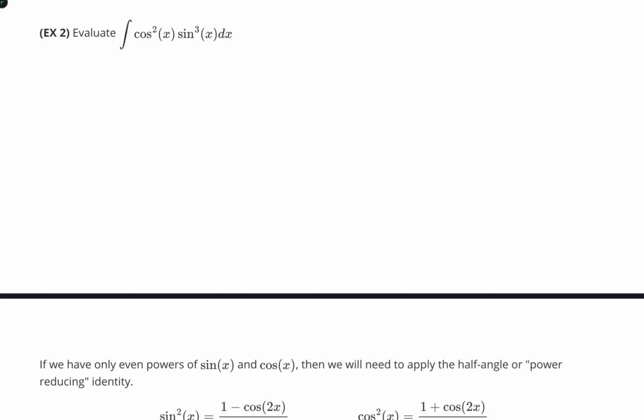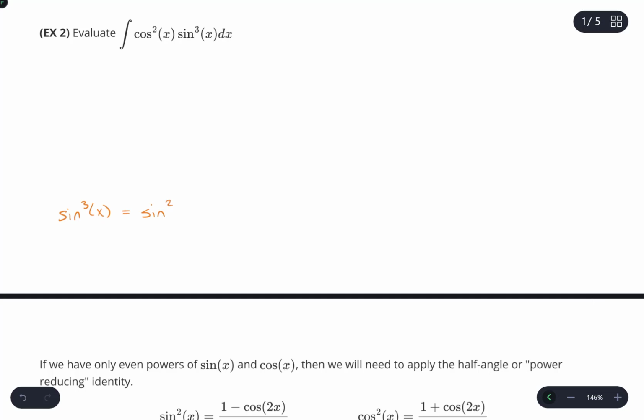That's essentially what we need, because, for instance, if I come down here, I could say sine cubed of x could be written as sine squared of x times sine x. All right, and that's exactly what's meant by cube, so that should be no trouble there in understanding.